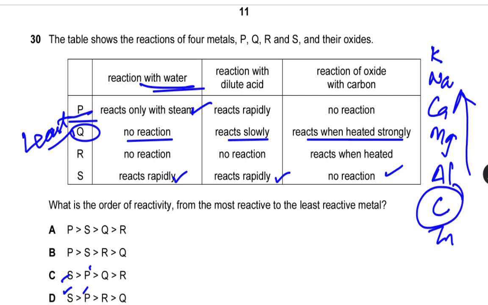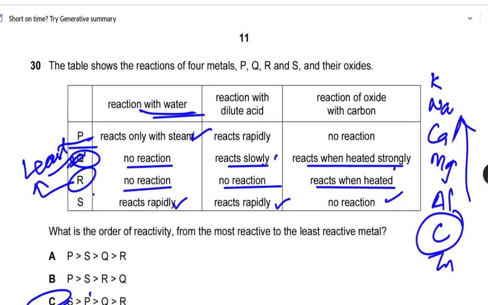R is no reaction, reacts when heated strongly, reacts slowly. Here R is the least reactive, not Q. Okay, C is the correct option.